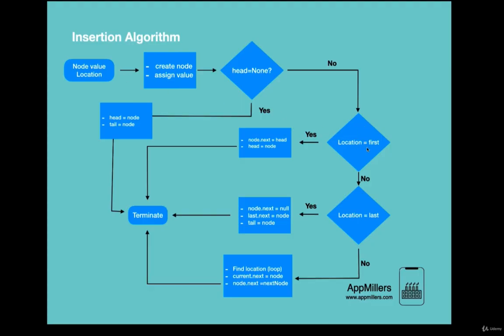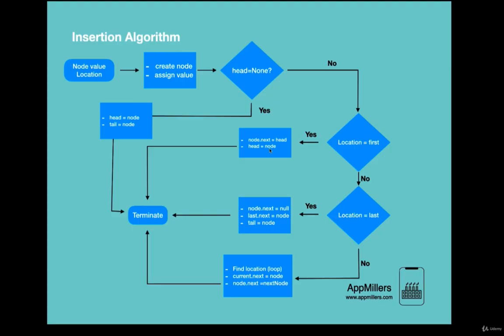So if we are inserting a node at the beginning of linked list, we will continue over here, in which we are updating the next reference of newly created node to head and head to node. What does it mean? We know that the next reference of the node that we created is empty now. So we assign the value of head to it, which is a physical location of node 1 in our single linked list.